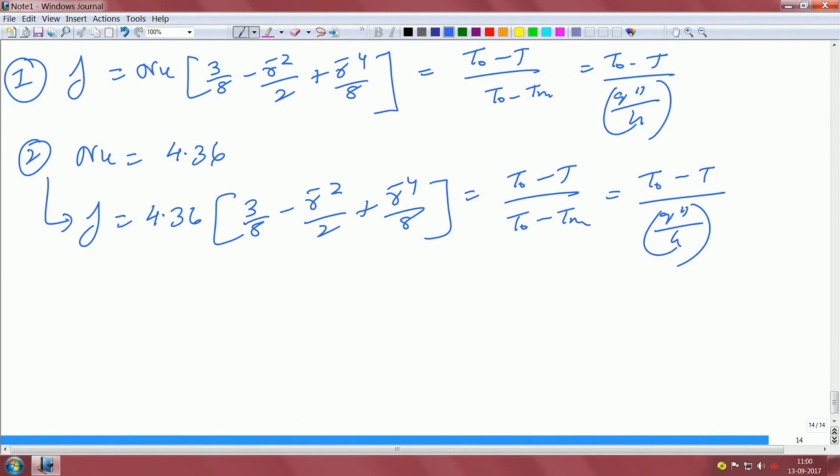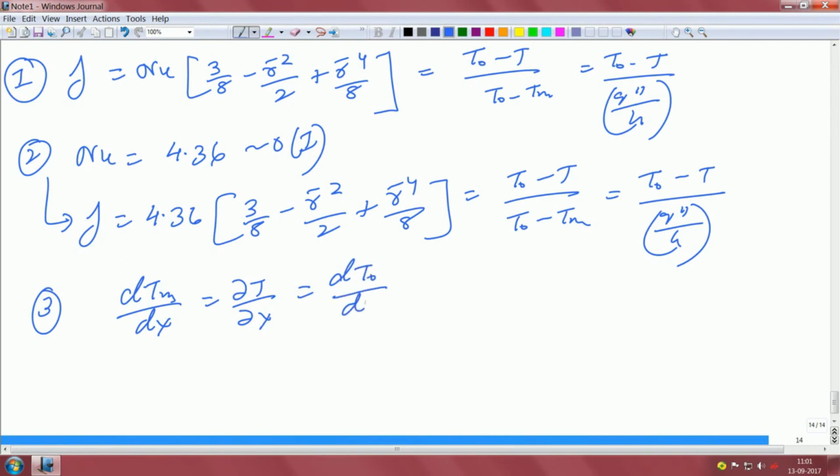We also found out the exact variation. So this Nusselt number is of the order 1, as we decided earlier. We have found out what the definition of x is going to be. Similarly, we also found out another important thing, that dTm by dx is the same as dT by dx, which is the same as dT naught by dx, right?